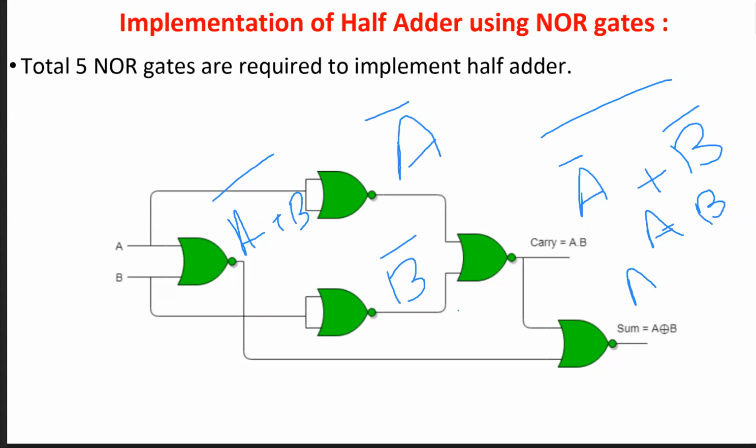According to De Morgan's law, plus becomes multiplication and each variable gets complemented. So complement of complement, A complement complement becomes A, B complement becomes B. So I am applying De Morgan's law over here.